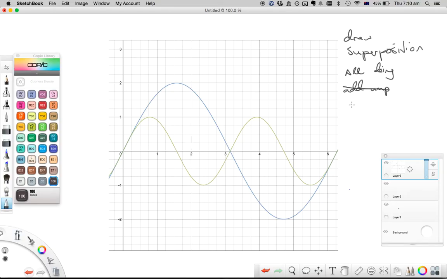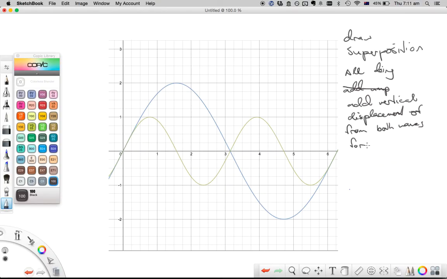It's actually better to say adding the vertical displacement from both waves for every x position.